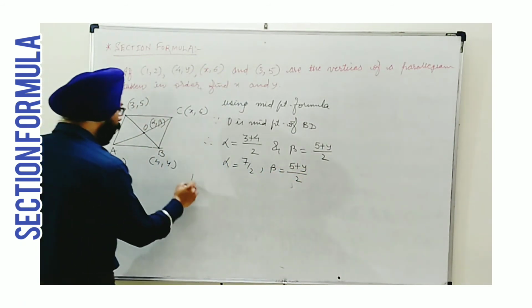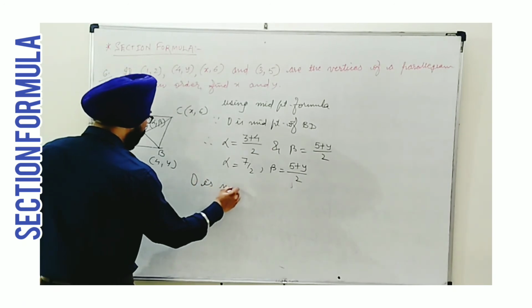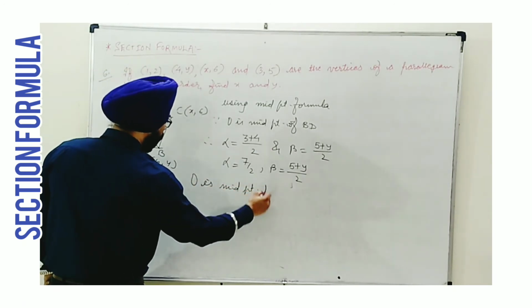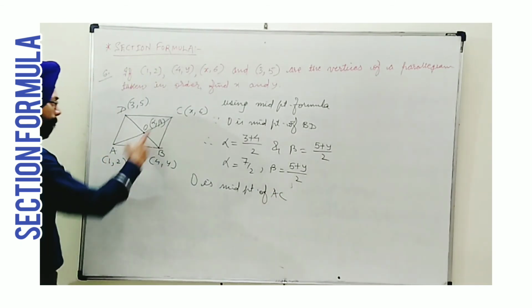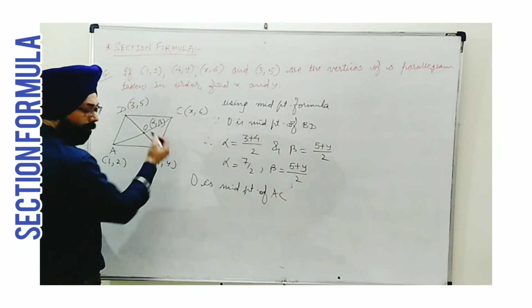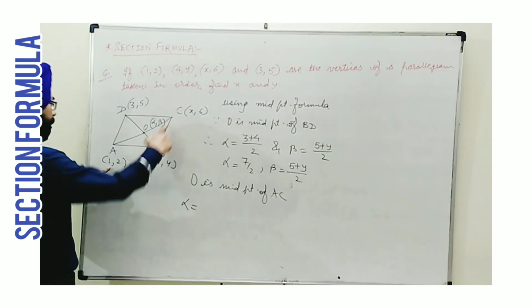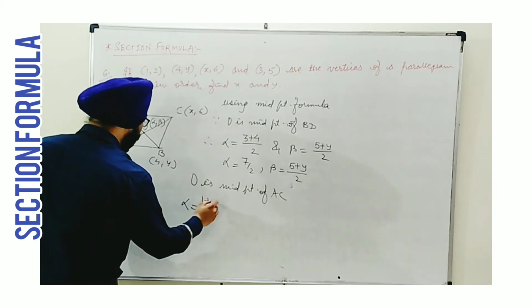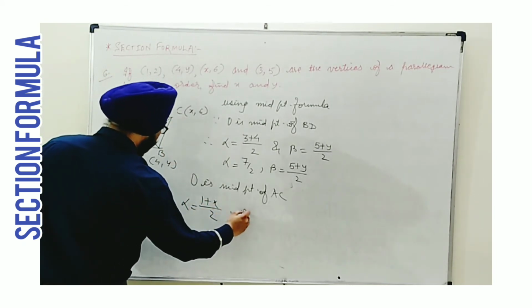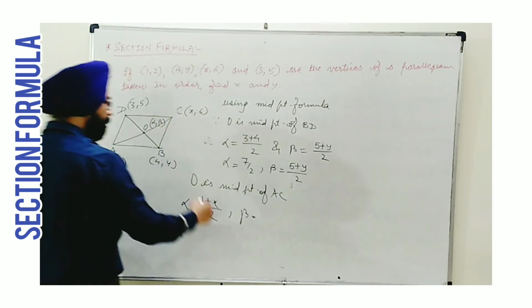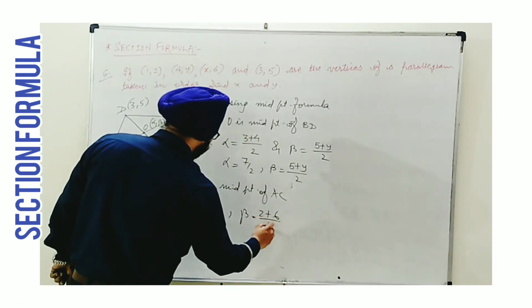Also O is the midpoint of AC, so with respect to AC, if I apply the midpoint formula, alpha will be taken as 1 plus x upon 2 and beta will be taken as 2 plus 6 upon 2.